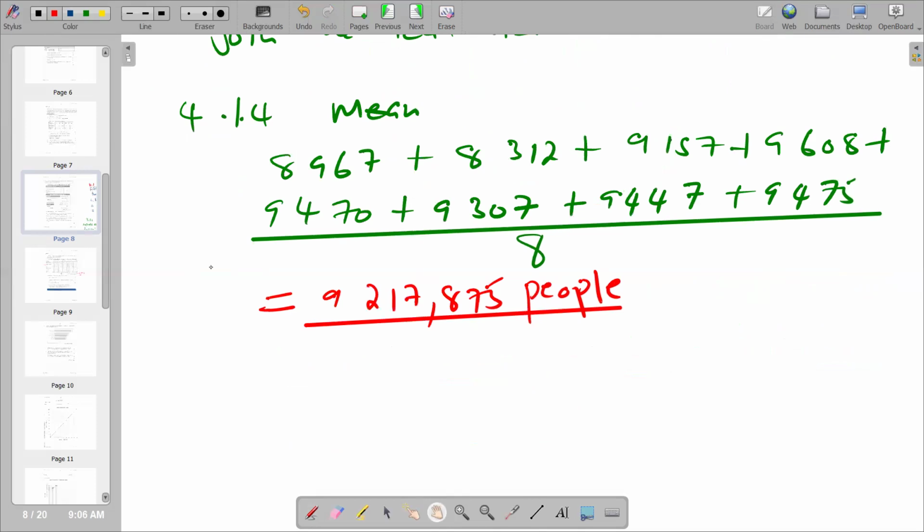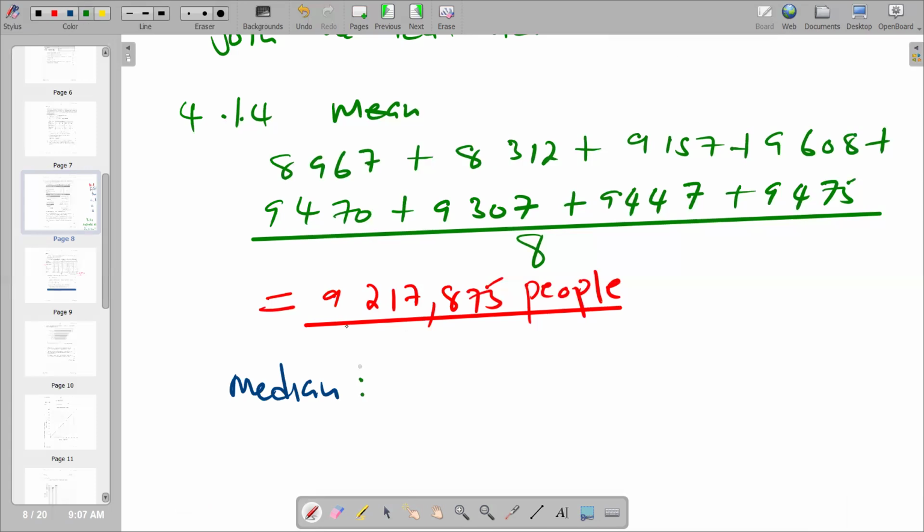Then the median again, already we have got 8 figures. So first of all, we have to arrange our figures in ascending order, whereby we are starting with the lowest figure to the highest figure.